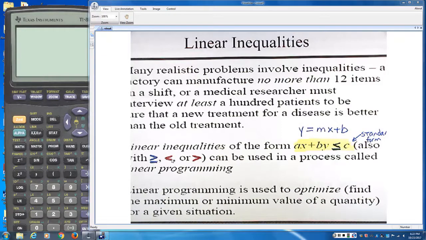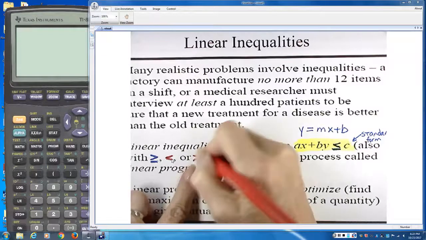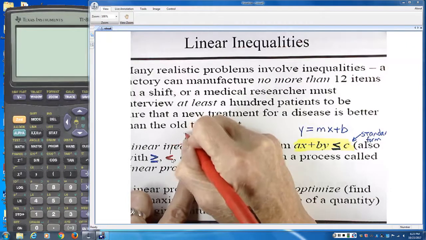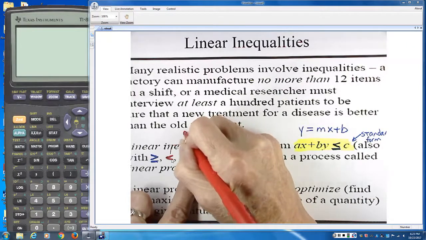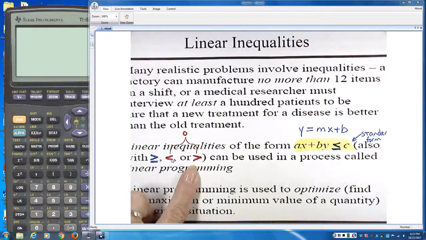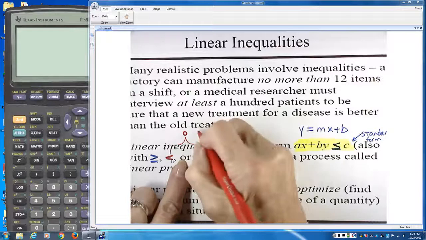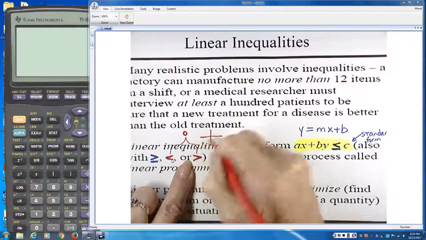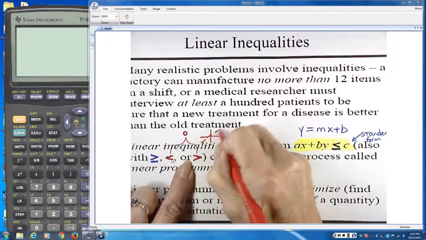And what we're going to see when we're graphing is that these 2 symbols are going to be equated with an open circle on a number line graph, or on a 2-dimensional graph, it's going to be a dashed line.